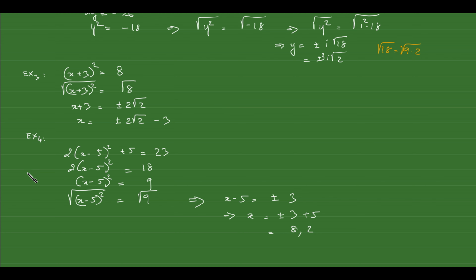Okay, so I'm going to put a remark here for you. In order to apply the square root method, the left hand side must be a perfect square, by itself. You're not allowed to have a number in front, and you're not allowed to have a number after the perfect square.